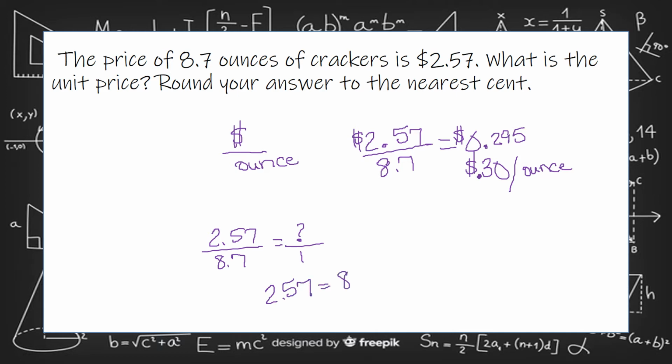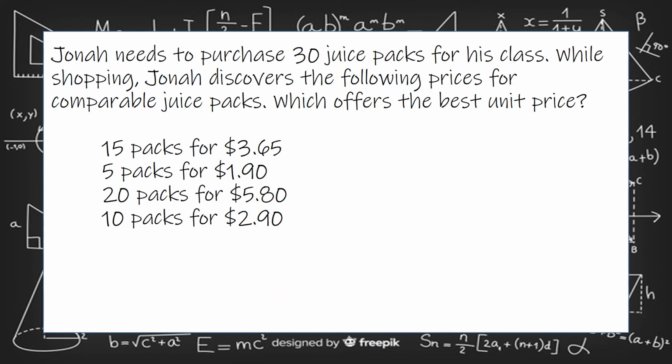You could have also set this up as a proportion: 2.57 over 8.7 equals the price over 1 ounce. Cross multiplied, 2.57 times 1 is 2.57, and 8.7 times the question mark, then divide by 8.7.